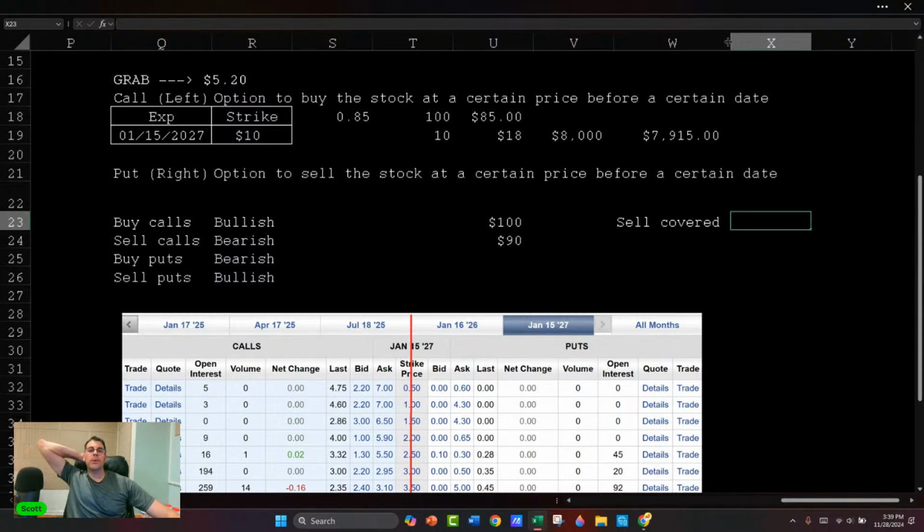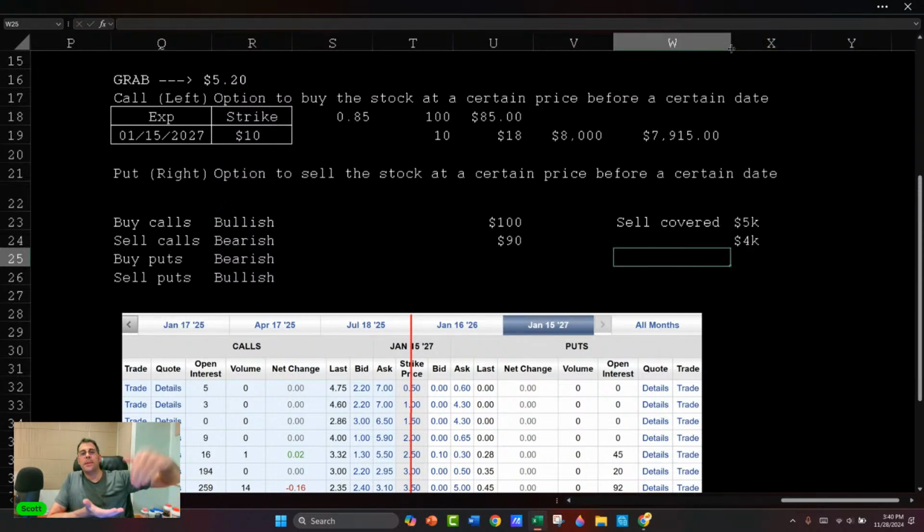So if it does go down, instead of losing, you're kind of mitigating your losses. Say the stock goes down like 10%. So instead of losing like $5K in paper losses, you lose $4K because you collect the premium.